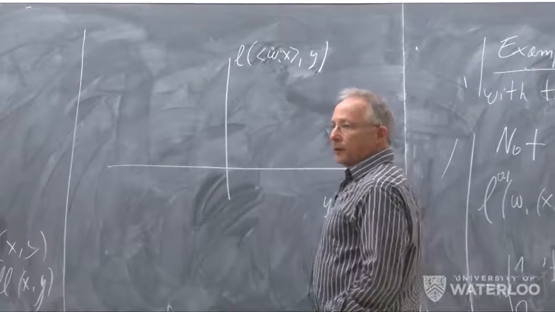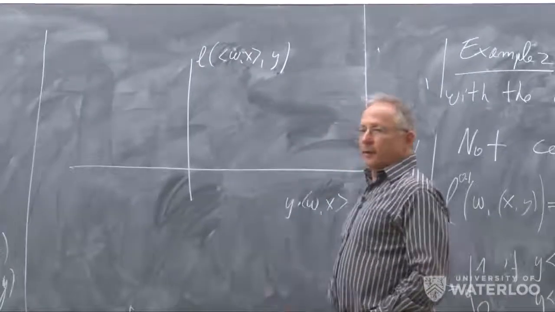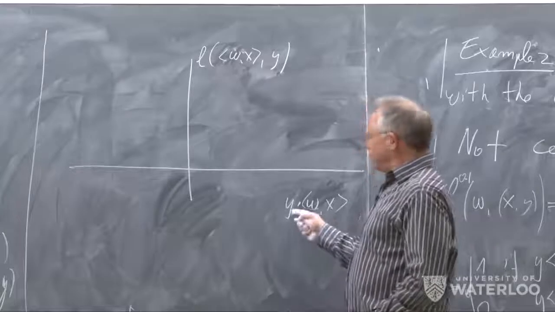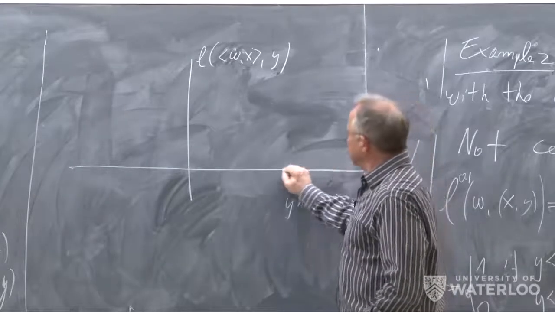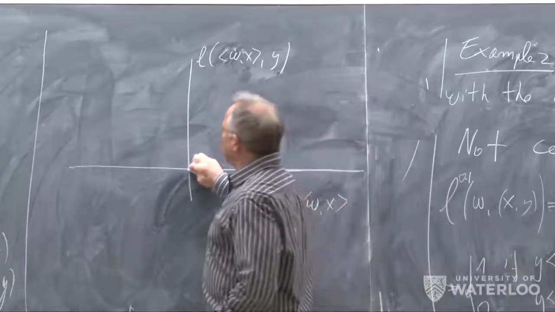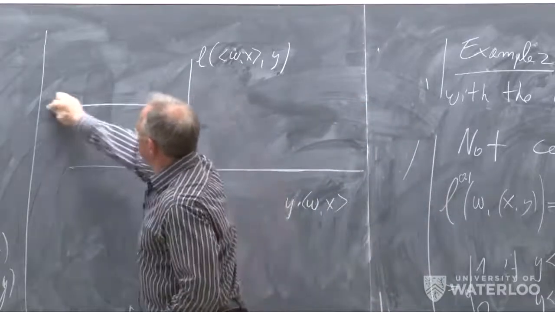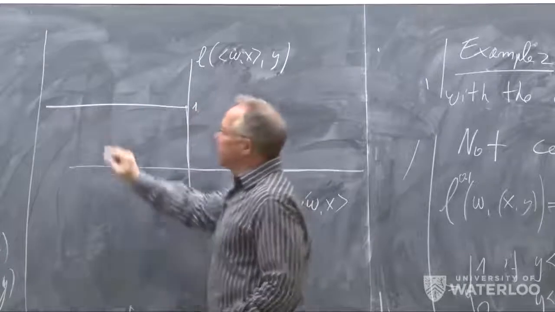The 0,1 loss, how does it behave? As long as this is positive, the loss is 0. And the minute it becomes negative, the loss becomes 1. So that's the 0,1 loss.